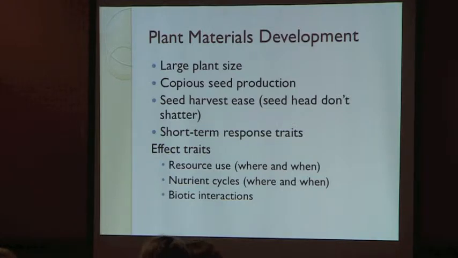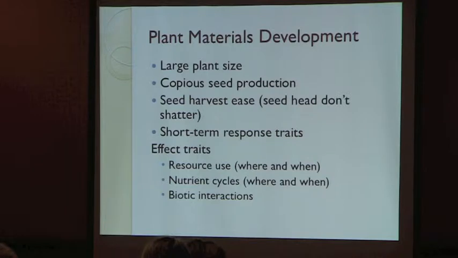And then we want to be able to harvest these seeds. So with most of our commercial cultivars, the seed heads won't shatter as easily as if we were to take a random pick in the population that it came from. The seed heads on our cultivars will stick to the plant, so they can be harvested by whatever means that species requires.